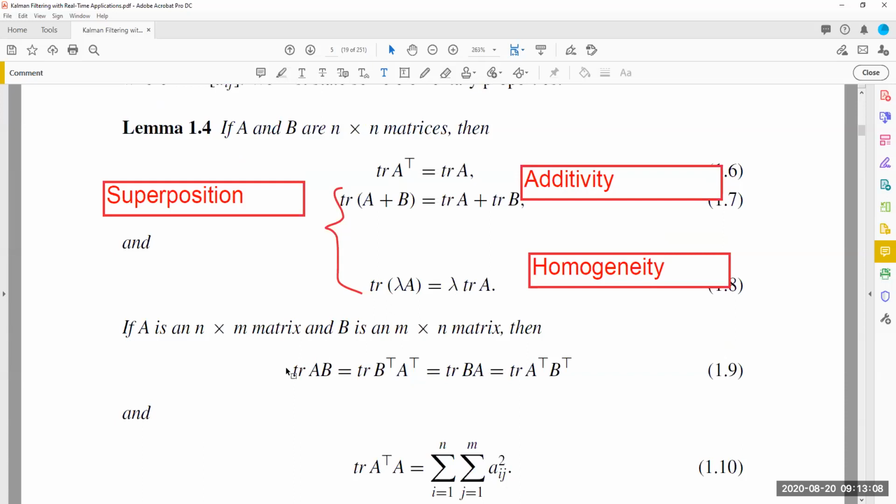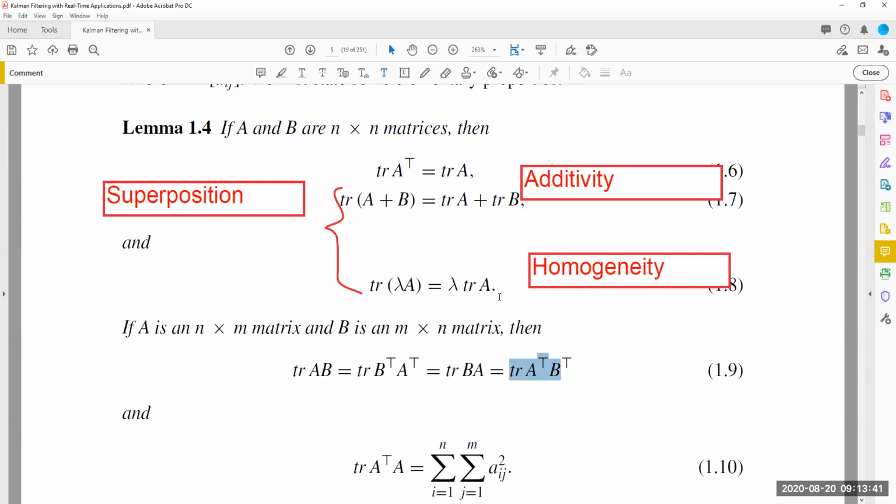I think it directly applies the result that trace of A transpose equals trace of A. But this one, trace of A times B is the same as trace of B times A. Yes, it needs some proof, but the trace of A times B will be the sum of Aij times Bji, and if you just change the indices i and j, you know the trace of AB is the trace of BA.